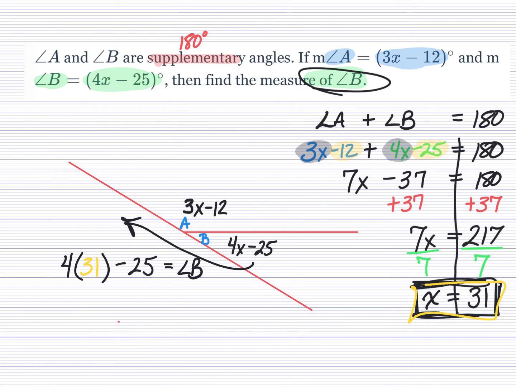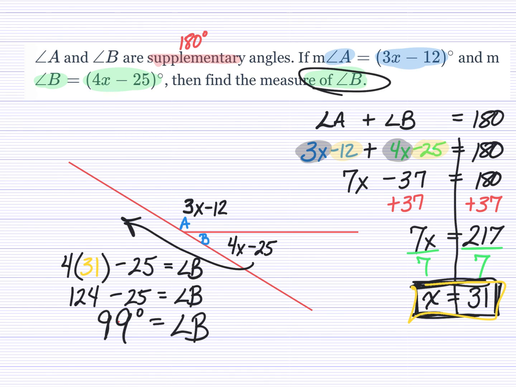4 times 31. 4 times 3 is 12. 4 times 1 is 4. So 12 and 4 is 124. No variables to deal with here. So 124 minus 25 is 99 degrees.